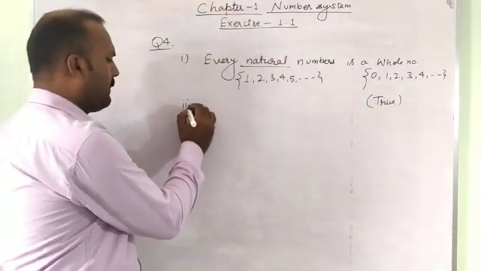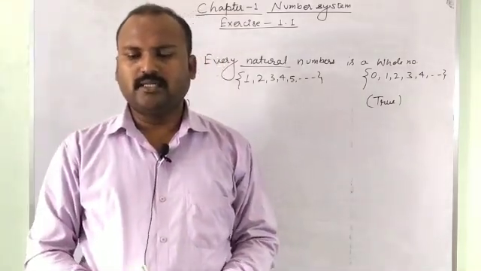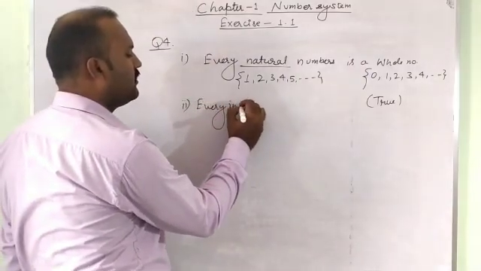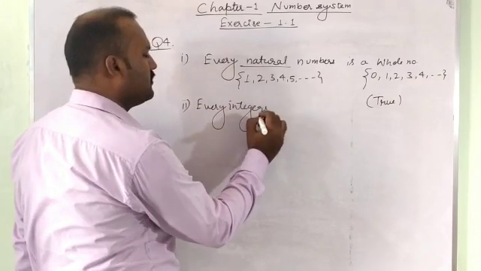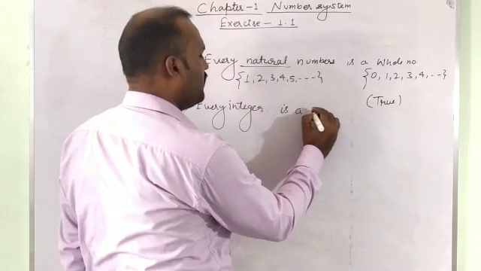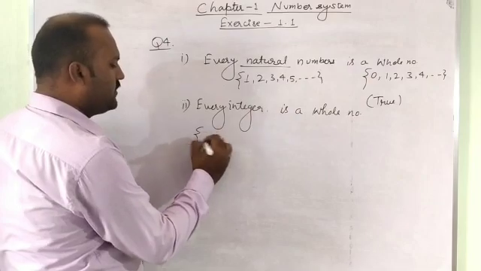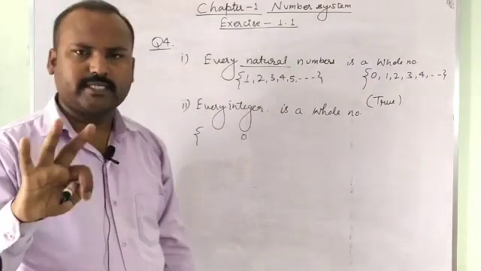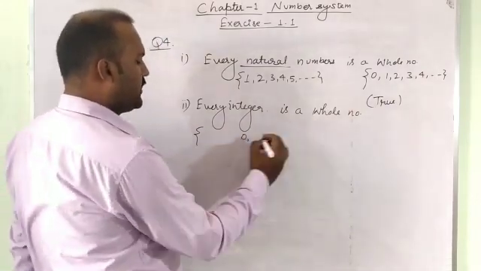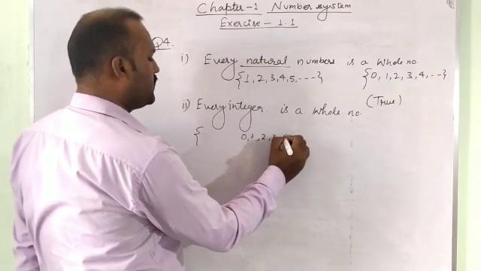Now second: every integer is a whole number. Now see integers. We know that there are 3 types of integers: positive, negative and 0. Positive integers are on the right side of 0. These are 1, 2, 3, 4 and so on.